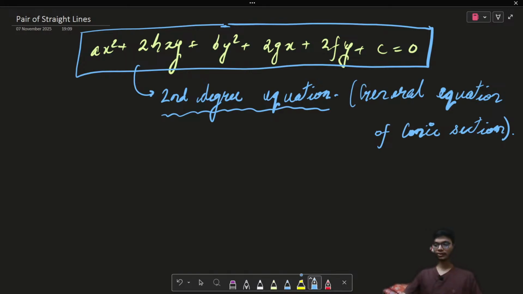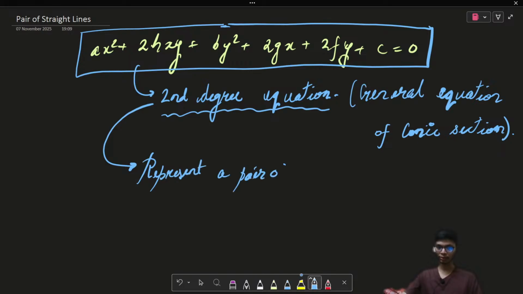In the previous discussion we have seen that this second degree equation is going to represent a pair of straight lines.